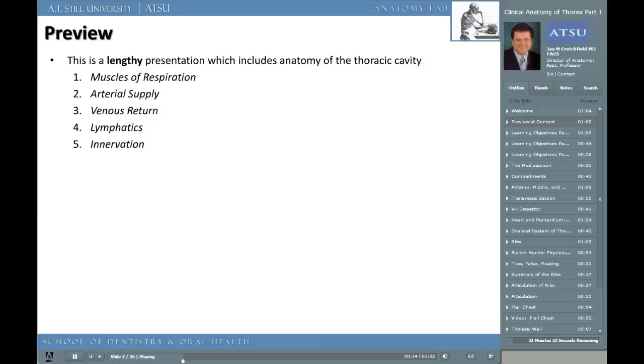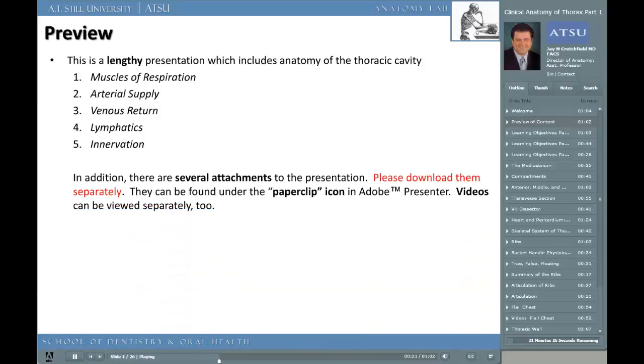In addition, there are several attachments to be read and can be found under the paperclip icon in the Adobe Presenter file. Please download them separately, but I caution you not to read all of these at one sitting.